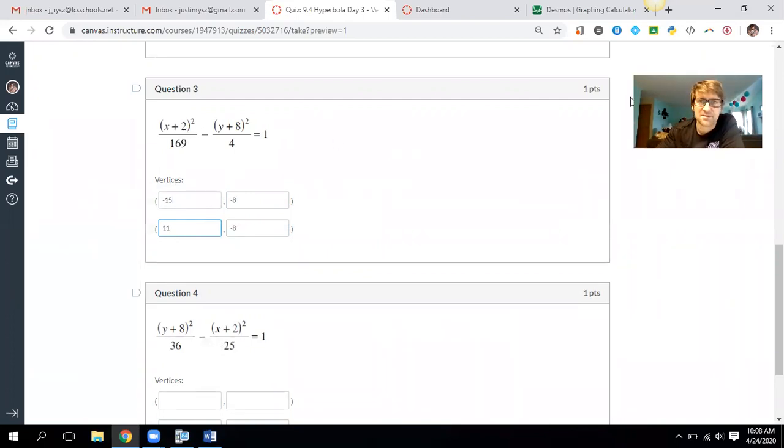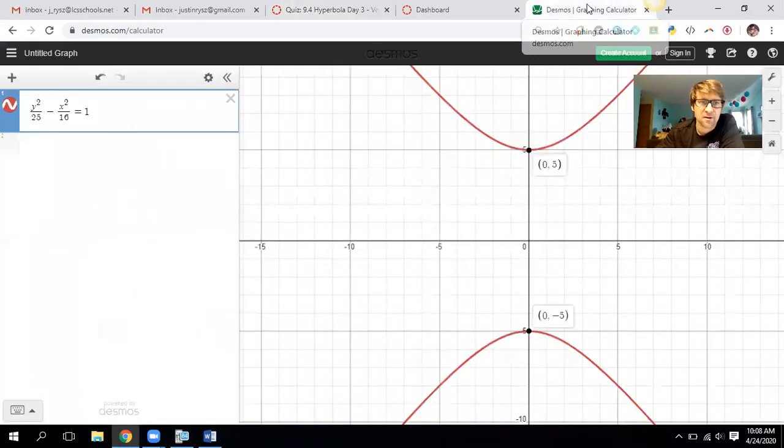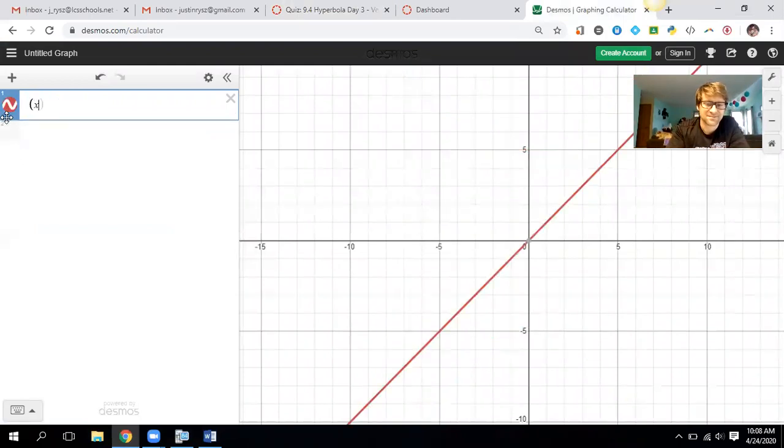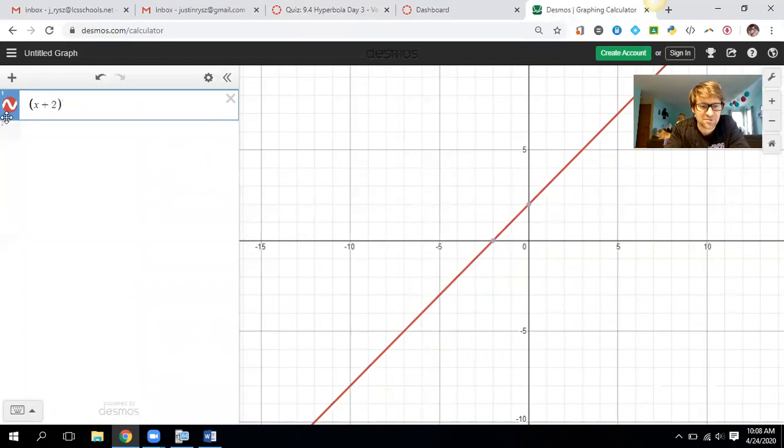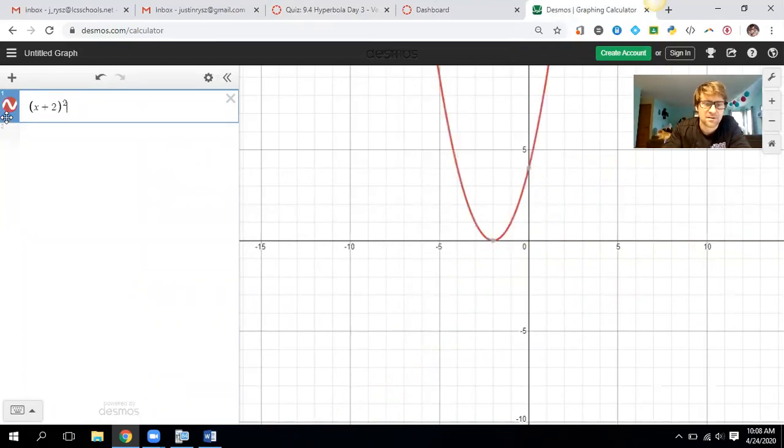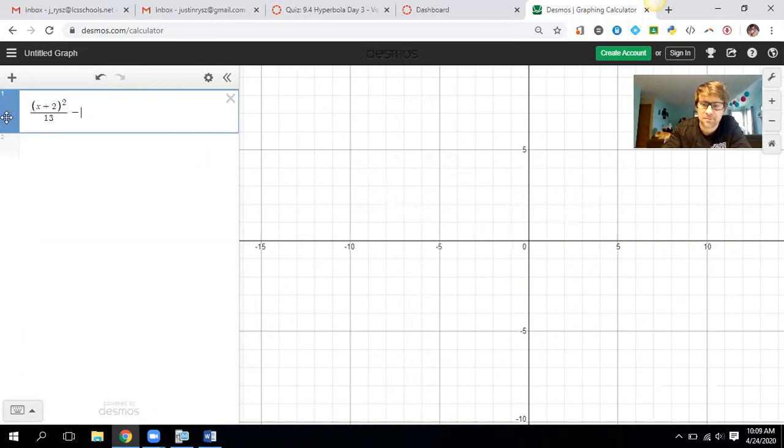So I'm going to type this into Desmos and see if we are right. X plus 2 squared divided by 13 minus y plus 8 squared divided by, oh, it wasn't 13, it was 169. That would make a difference.